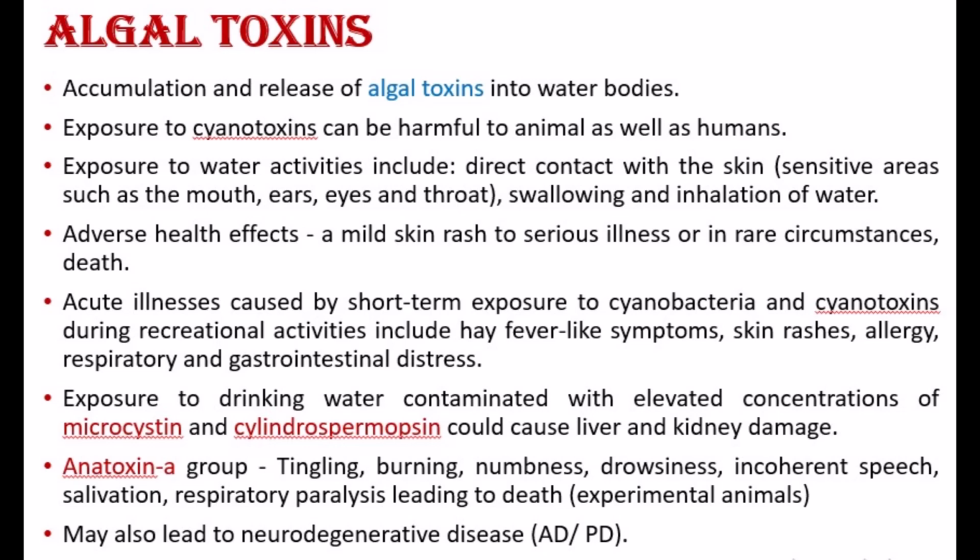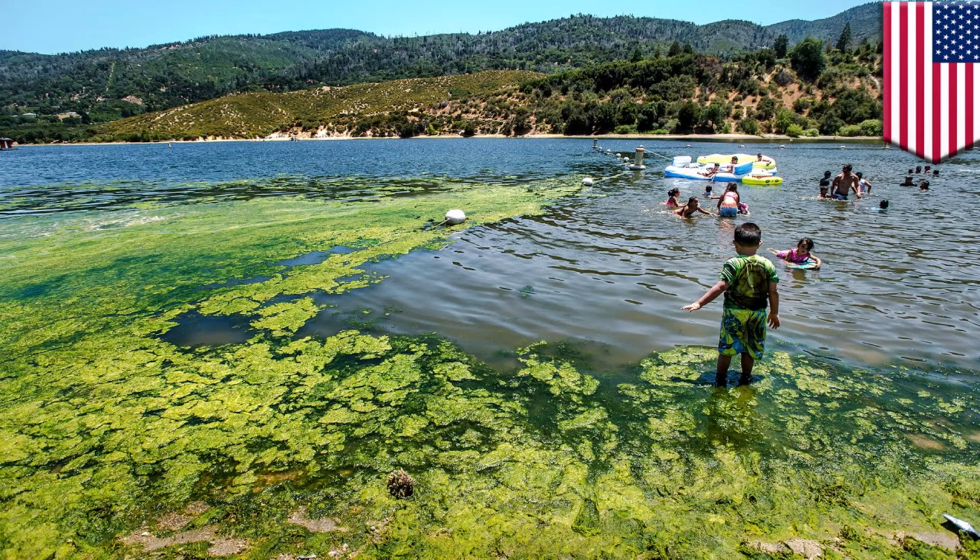Anatoxin, a group of cyanotoxin, can also bring about tingling sensation, numbness, drowsiness, paralysis, and may also lead to death. These toxins can be very harmful, and may also lead to Alzheimer's or Parkinson's disease.